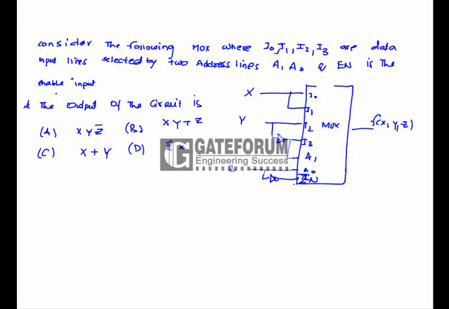Consider the following multiplexer where I0, I1, I2, I3 are data input lines selected by two address lines A1, A0, and EN is the enable input. For the multiplexer to do its function, first of all it has to be enabled. If we write the truth table, that is X, Y, Z, F, there are 8 combinations.